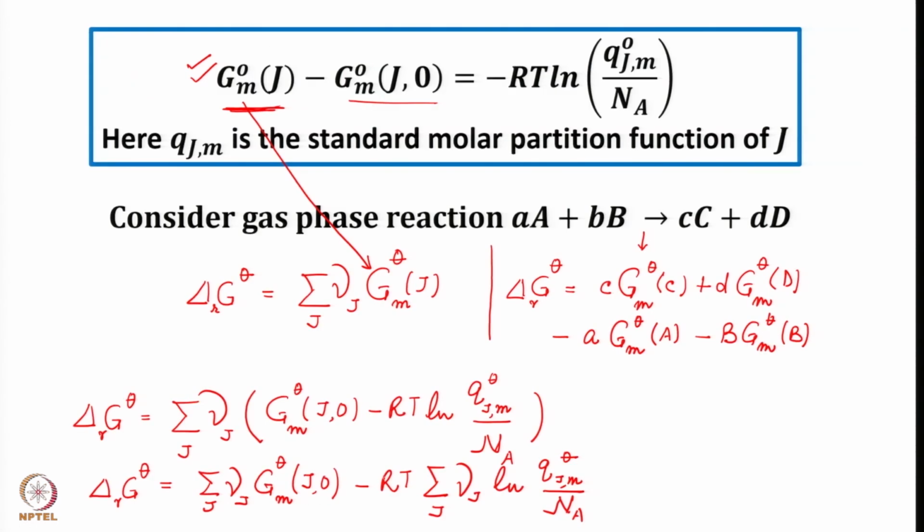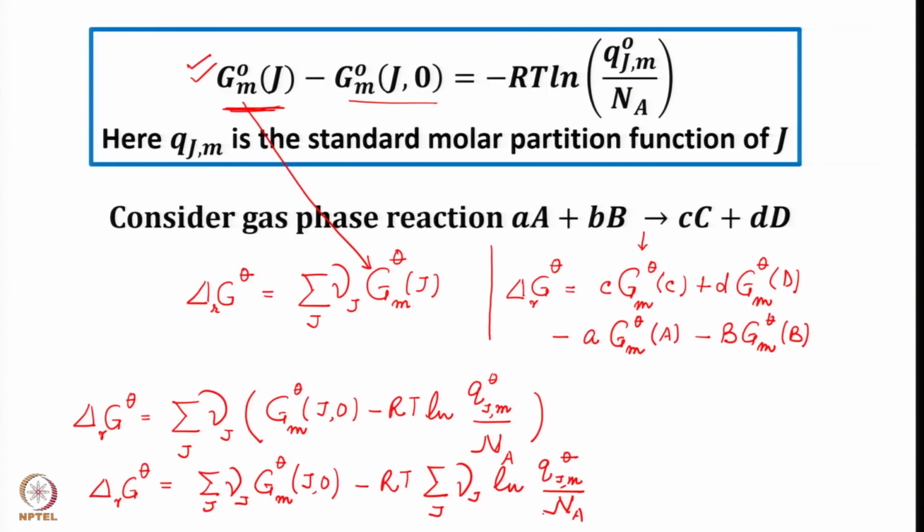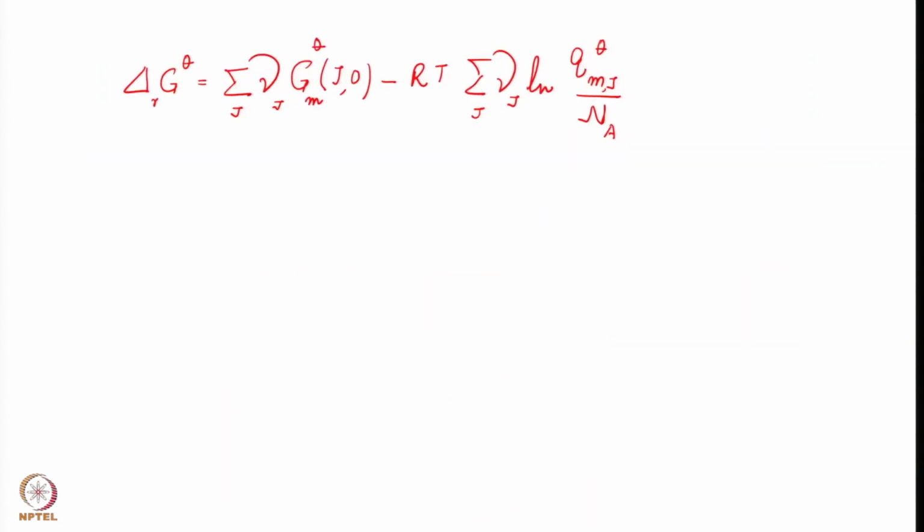This one, minus RT, summation J nu J log QJM naught by NA. This is a purely general equation. This is what we had, minus RT nu J log QJM naught by NA.